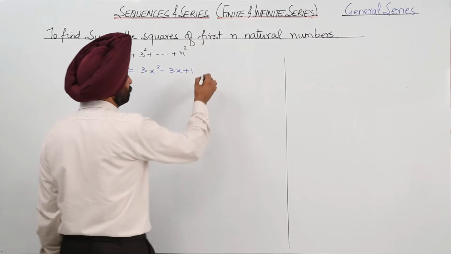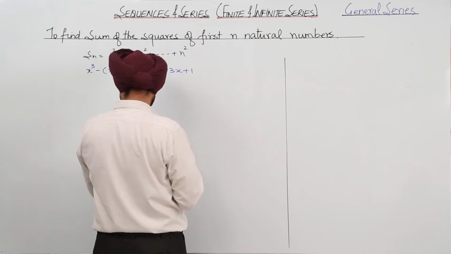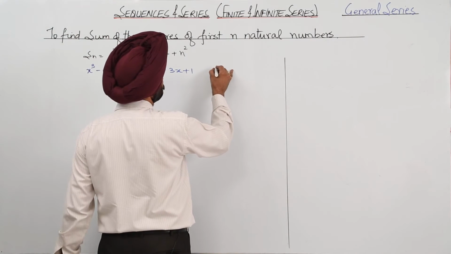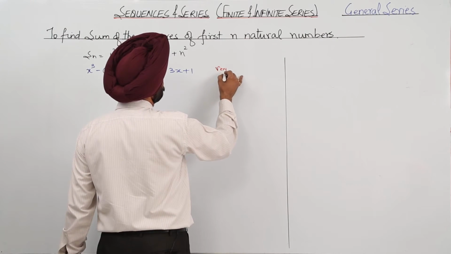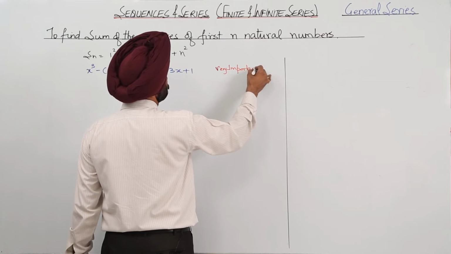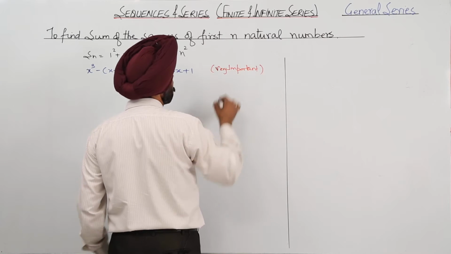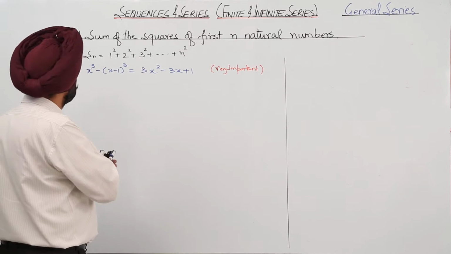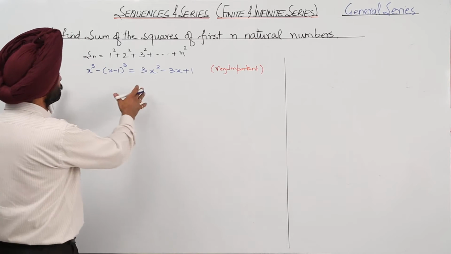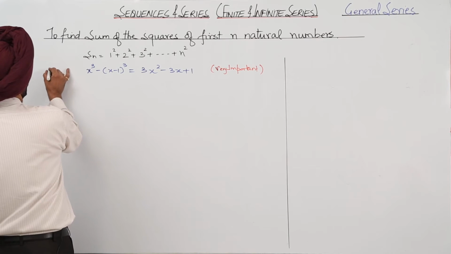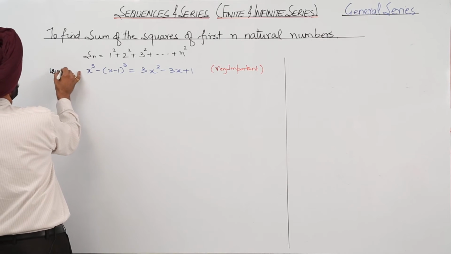This is very important, and for solving this part we have to use it. Starting from this identity, I can write it out.